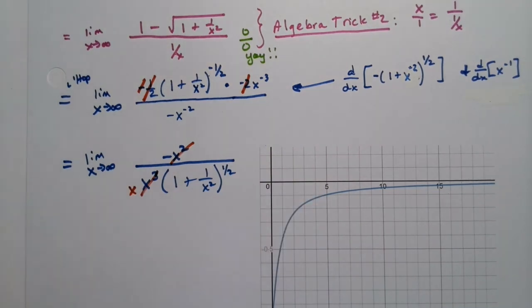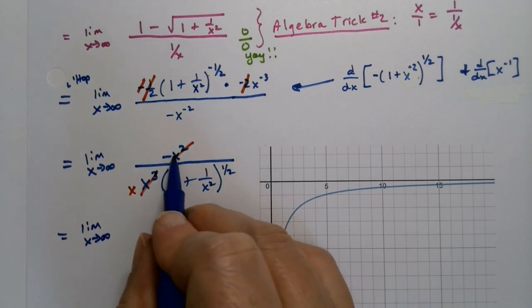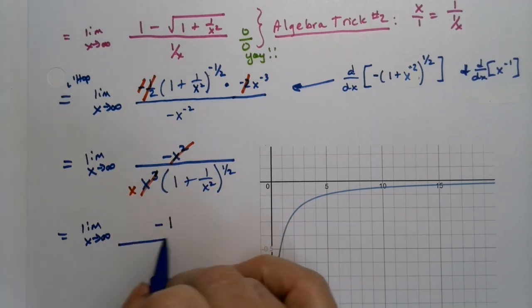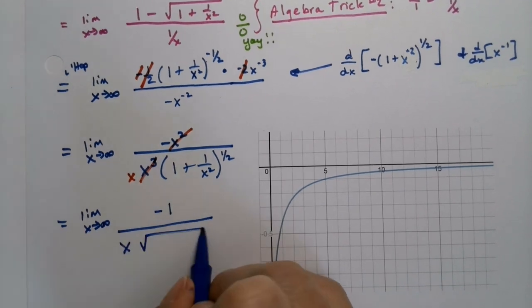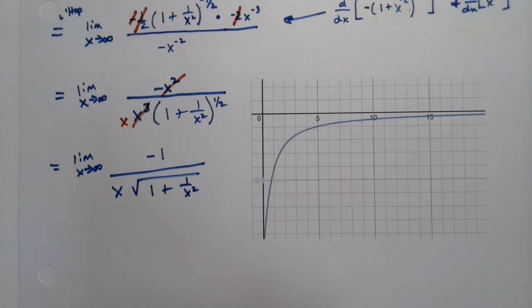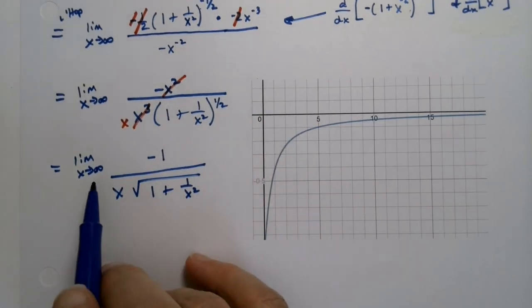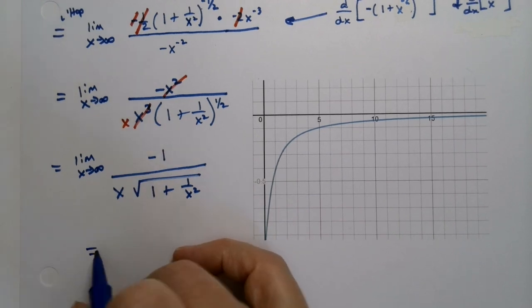So this is the limit as x goes to infinity. All that's left up here is a negative 1. When I divide like that, there's a 1 still left in there. And then there's an x times the square root of 1 plus 1 over x squared. All right, now let's finally put infinity in and see what happens, because I don't have infinity over infinity. Hopefully I won't have one of my other weird forms.